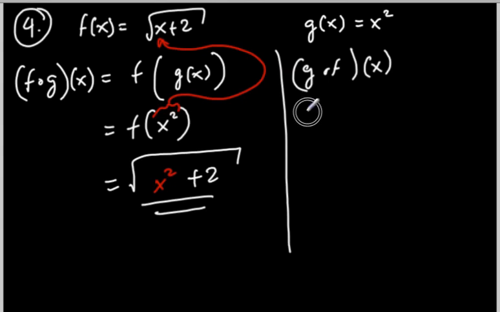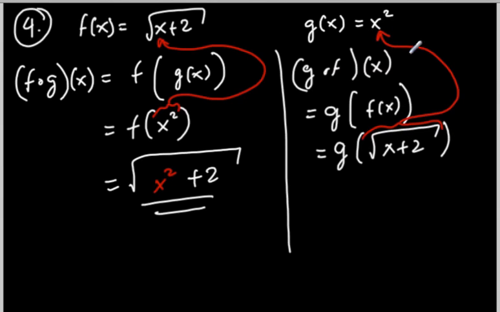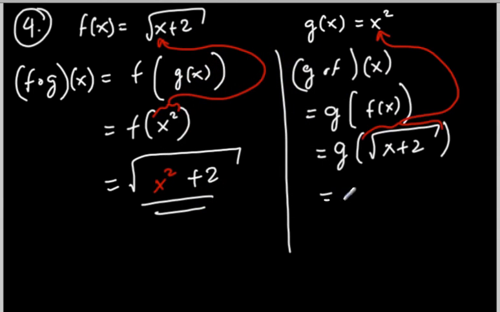So this is equal to g of, you take in as the argument f of x, so it's g of square root of x plus 2. And remember, all this means is you take this and then you sub it in for x. That's all you're doing. So this equals something squared, and that something inside is simply the square root of x plus 2.